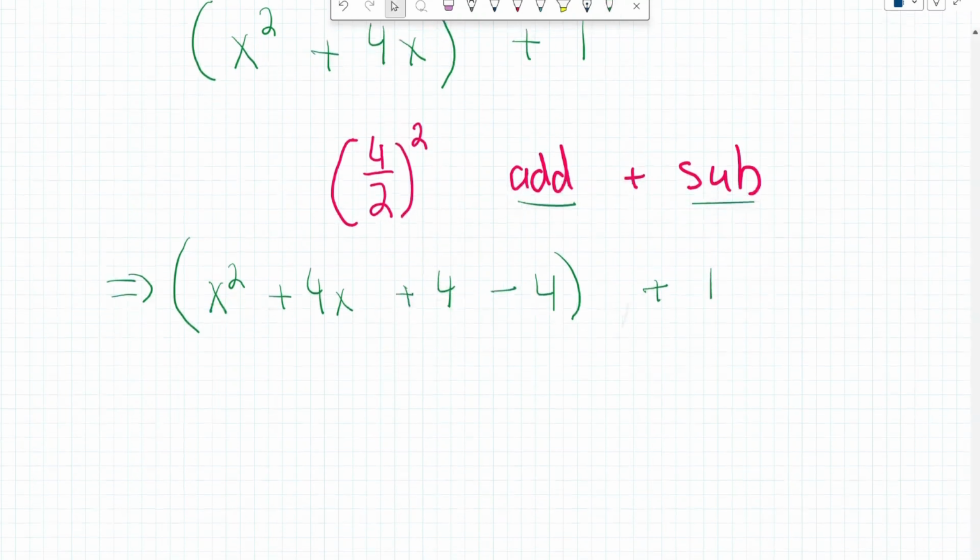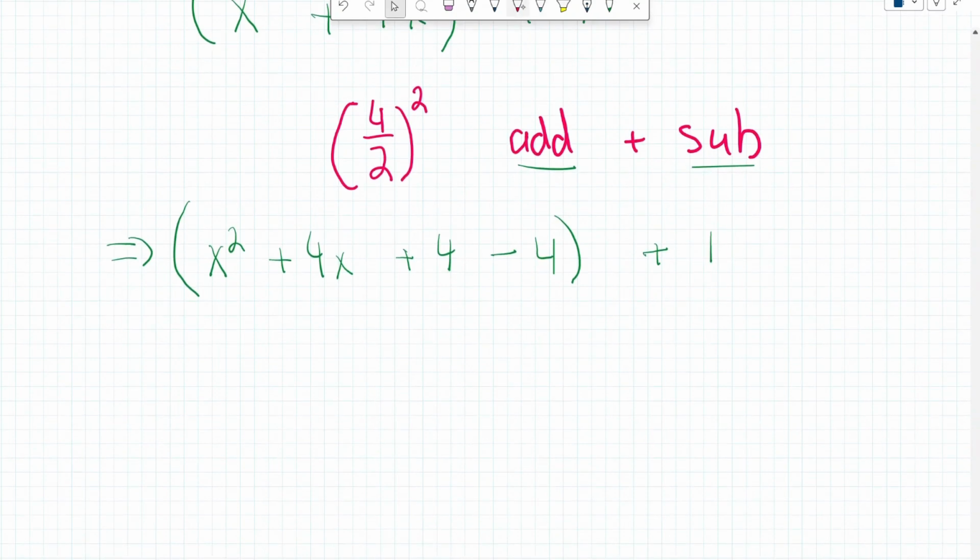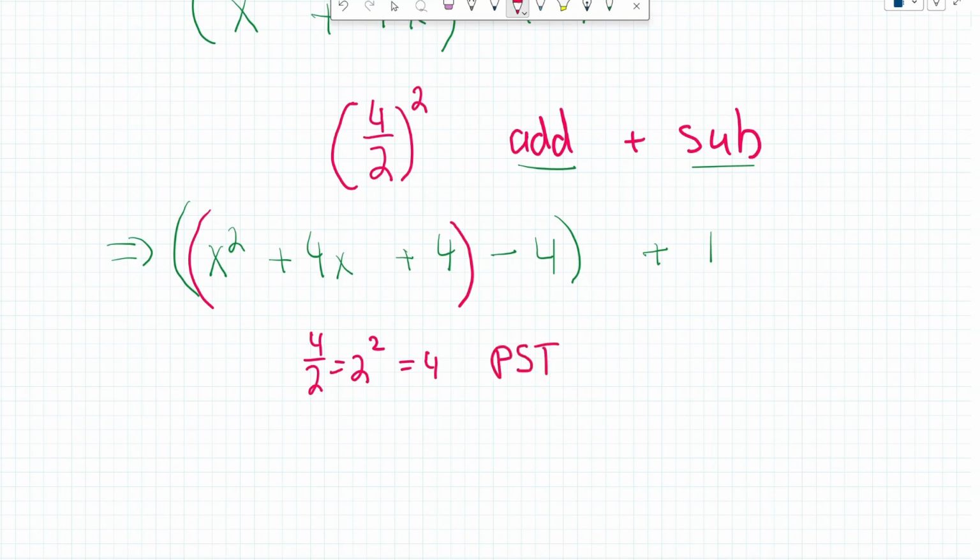Now what we're going to do is look at our first 3 terms, x squared plus 4x plus 4. And now let's test to see if this piece over here is a perfect square trinomial. So again, we take 4 divided by 2 equals 2, square that number, that equals 4. And that equals our c value, so we've got a perfect square trinomial.